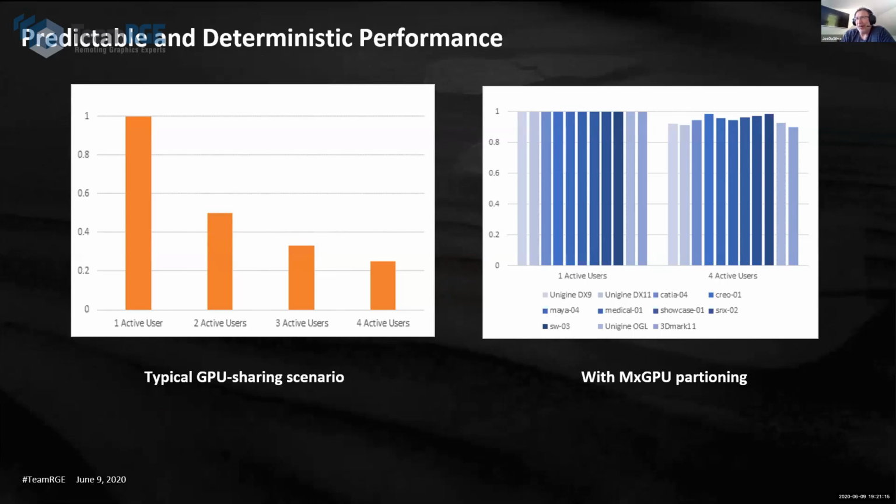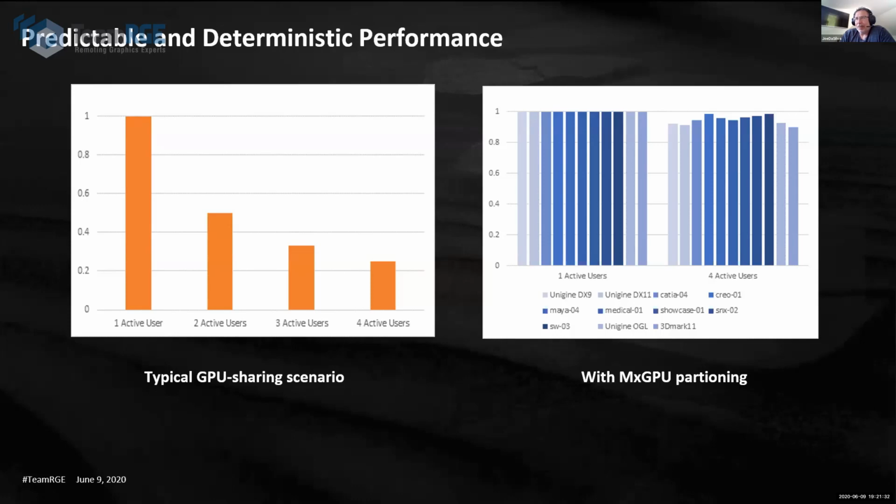So again, just a graphical representation. In a typical GPU sharing scenario, whether it's something like VMware's vSGPU or whatever they call it, the shared graphics concept, as you add more users, the graphics performance definitely is going to be affected.